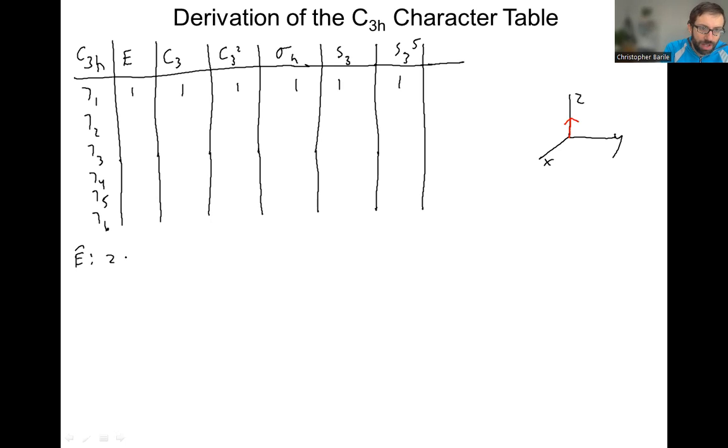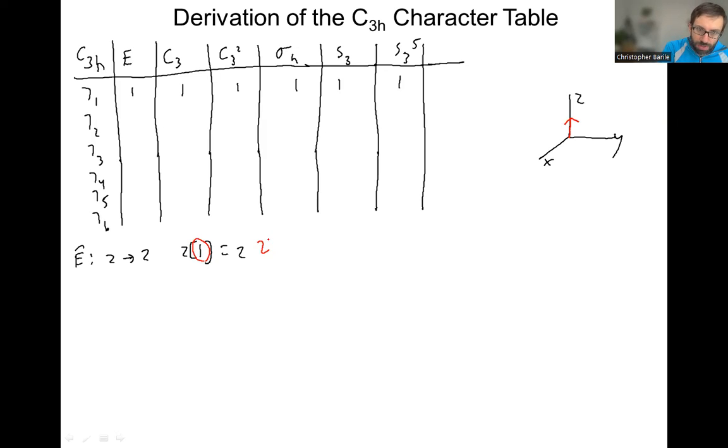And we think about how the z vector transforms when we do an identity. When we do an identity on z, it goes to z. Then we put the character by figuring out the matrix that describes this z to z transformation, which in this case is just a 1-by-1 matrix.